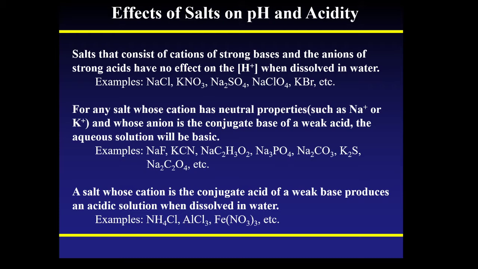So, lithium, potassium, sodium, calcium, barium, they all make strong bases. If my cation isn't one of those, a group 1 or a bigger group 2, then I'm going to make my solution acidic. So they show you here iron nitrate, aluminum chloride, ammonium chloride.